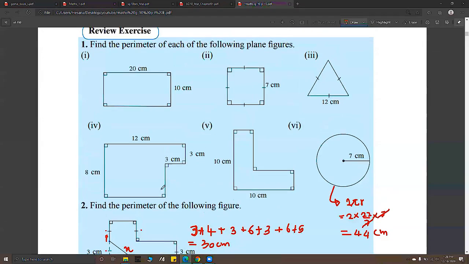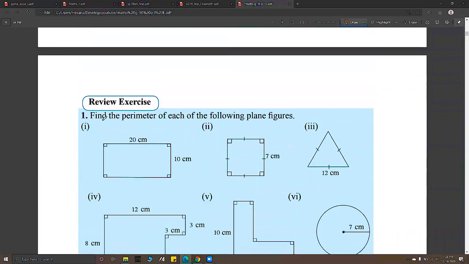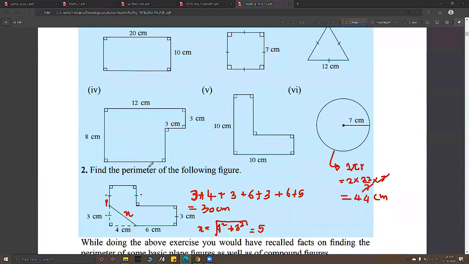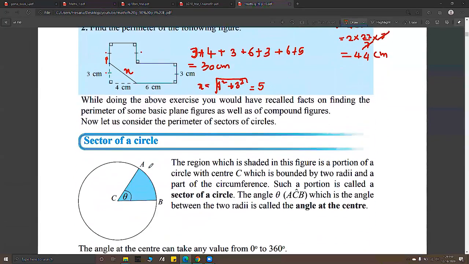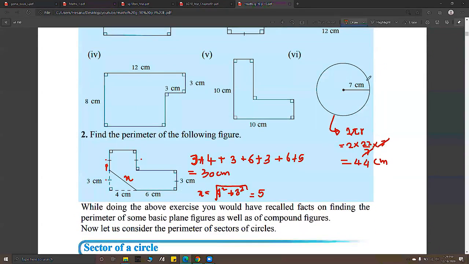So likewise you can go easily through these examples. This is just a review exercise from your previous knowledge. So now in here we considered a circle.